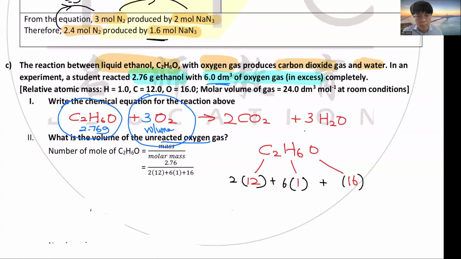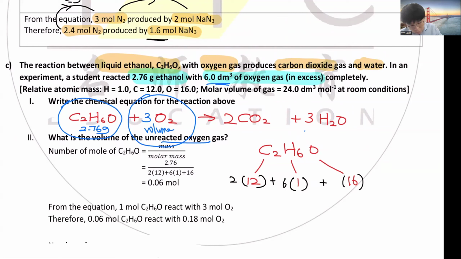Then you get the mole. If you key into the calculator, you're able to get 0.06. Then you use the ratio method. 1, 3. See, 1 and 3. So 0.06 then times 3. Here to here is times 3. Here to here also times 3.